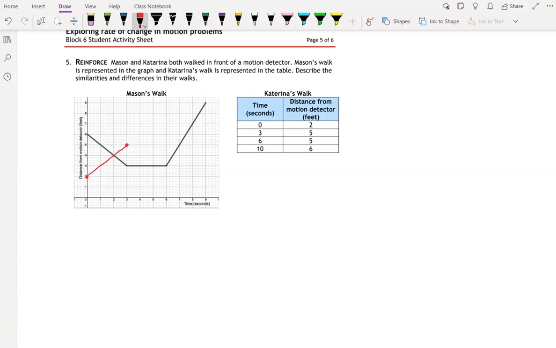And then at 6 seconds, still 5 feet. Nice straight line there, not shaky at all. And at 10 seconds, 6 feet from the motion detector.